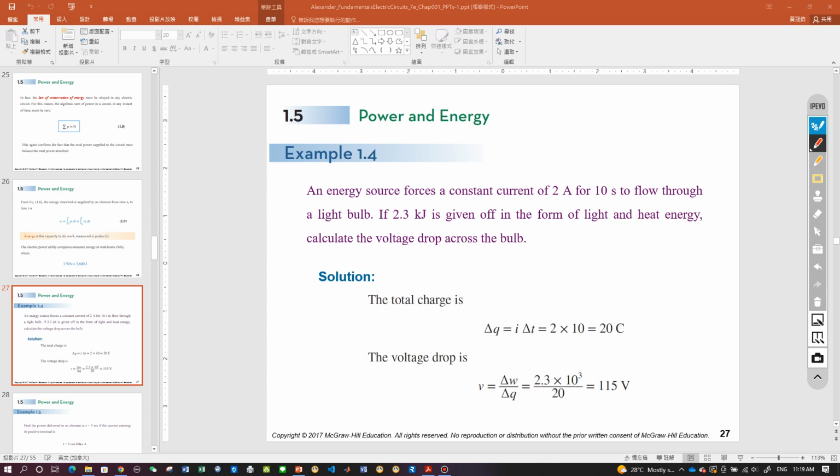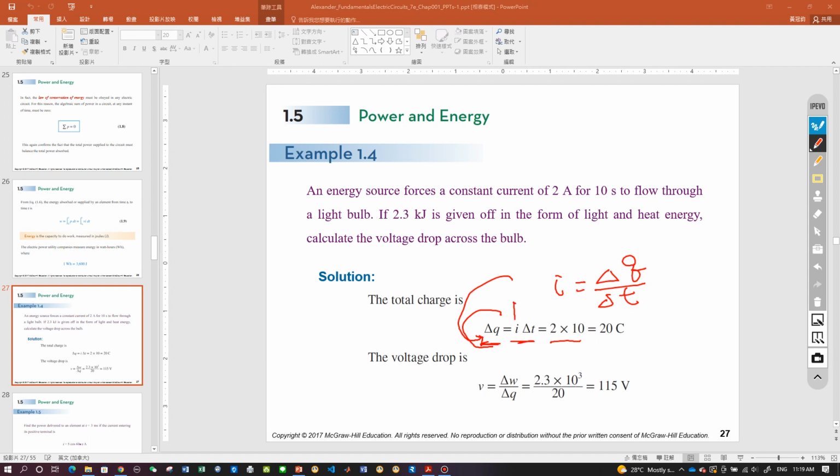If we say that the charge here is the current times time, it should be from here. I is equal to delta Q over delta T, so we can divide it from here. So this I is current.